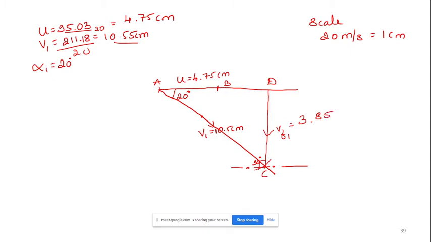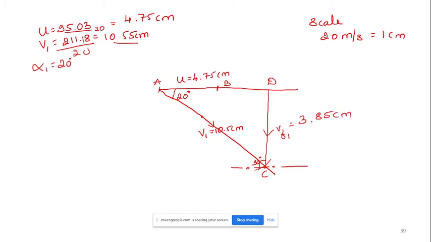Whatever it is, that is fine. It should not come to 3, and it should not go to 4.5. Between that, anything will be fine. That's not a problem. So this is 3.85 centimeter.